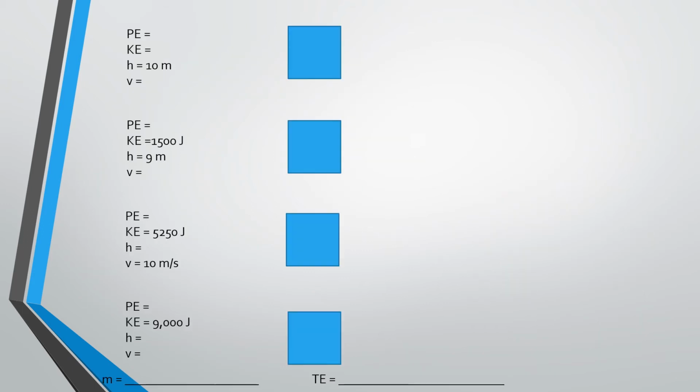Okay, so here we have a box falling to the ground. We need to get the mass, we need to get the total energy. Puzzles, puzzles, puzzles. I'm going to label it spot 1, 2, 3, and 4. Which spot can we get the mass?